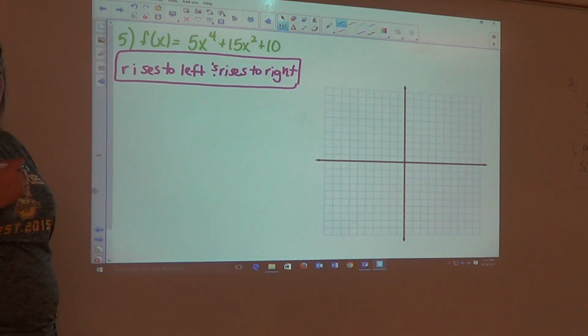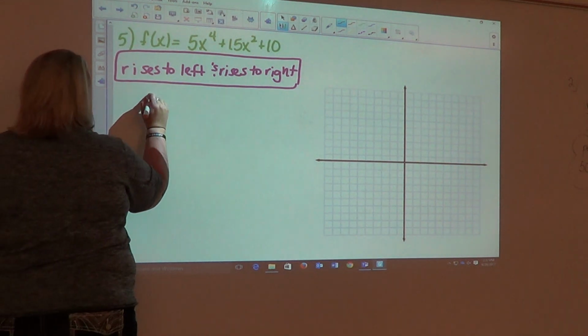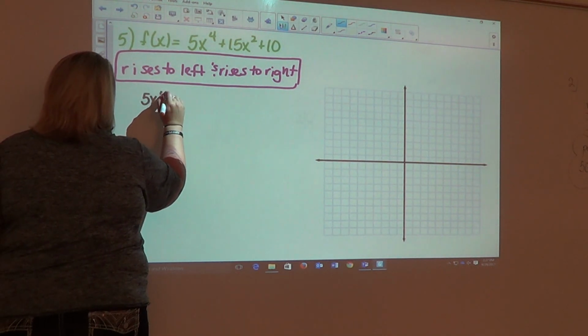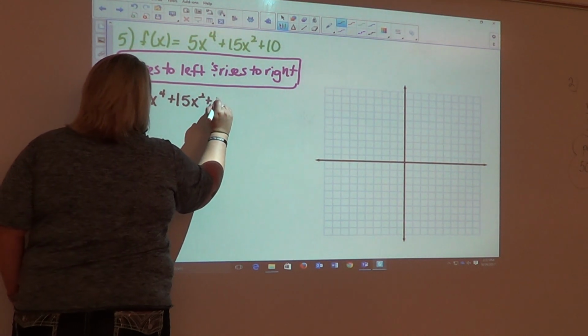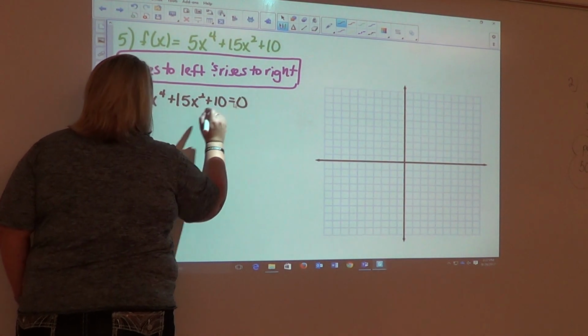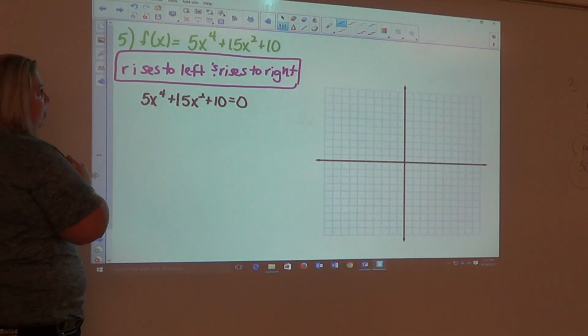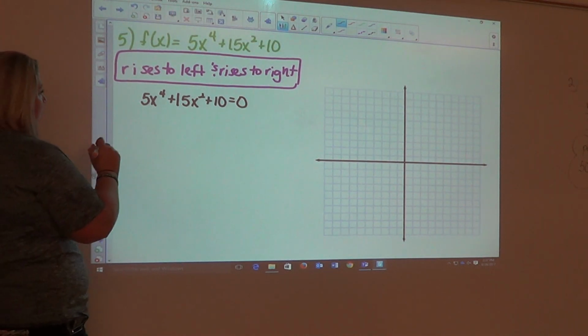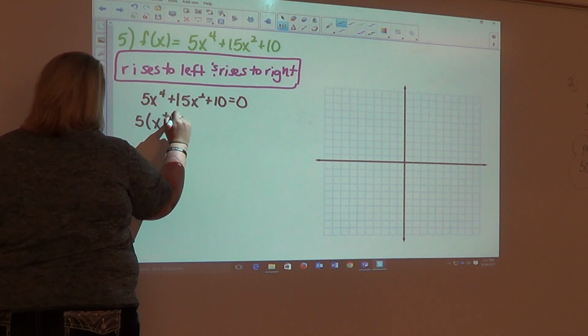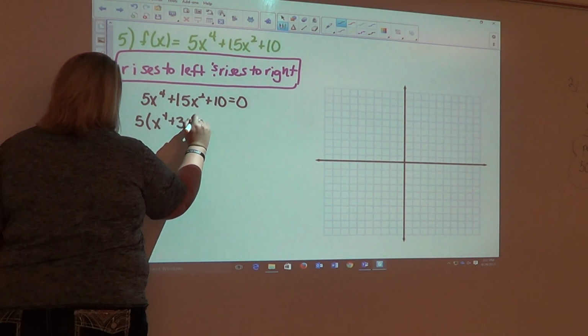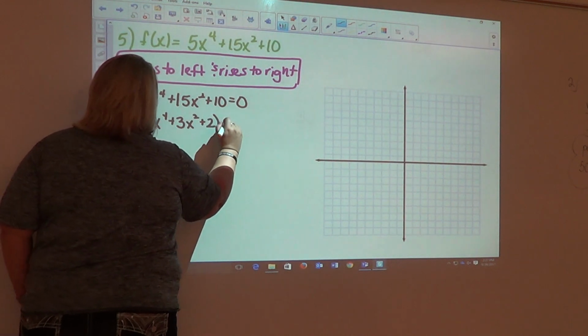Then we're going to find the zeros. So I'm going to set 5x to the 4th plus 15x squared plus 10 equal to 0. Then I'm going to factor. I can factor out a 5, and I'm left with x to the 4th plus 3x squared plus 2.